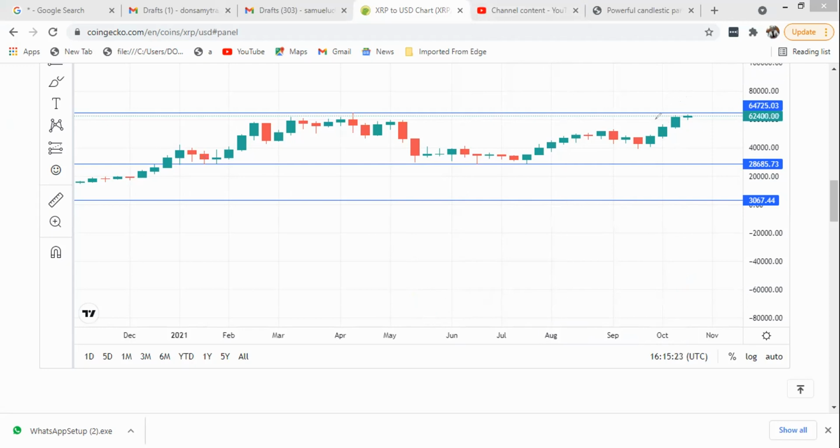Okay, and you can see it is an uptrend. But there is a line I drew here. This is a resistance line, and I will tell you what this means. But let's look at the candle today. Okay, now let's go to 1 day.